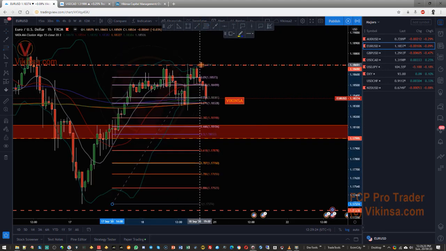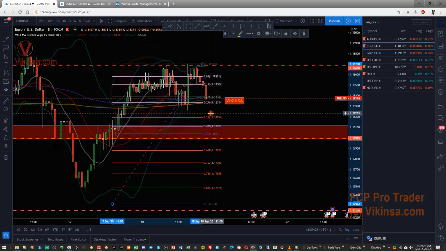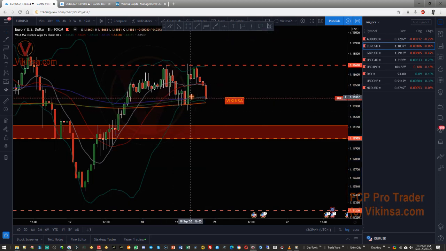If I draw Fibonacci on it, it shows that it hasn't actually come into its profit target yet, and if you are still short on this opportunity, I hope that you are managing your trade here, because the market can push back up from where it is right now because of this moving average cluster.